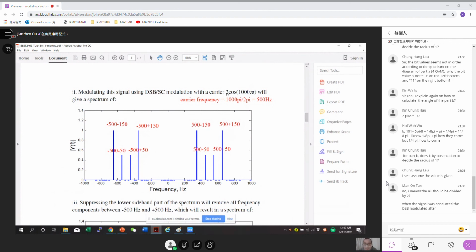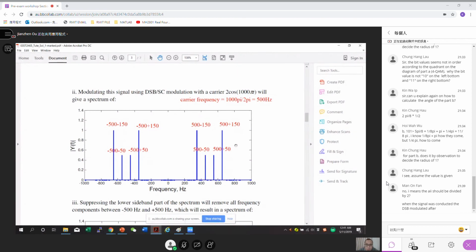Because here, right? So this is a carrier, right? So for DSP-SC, it should not show the carrier there, because it's a waste of power for the carrier. So the carrier will not show in the frequency spectrum, right?